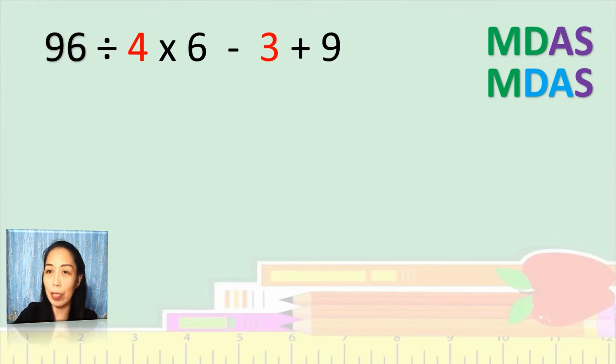Atong i-example. Okay? So, just take a look at our example. Nagtapad si division o si multiplication. For example, 96 divided by 4, times. So, si M o si D, pero nagbali lang sila, si D ang nag-una.